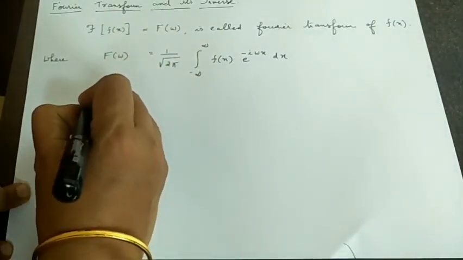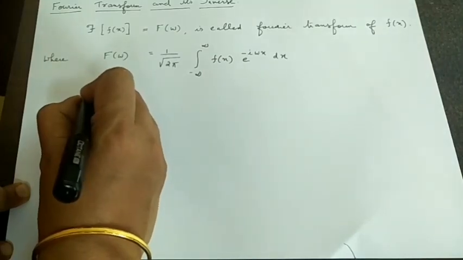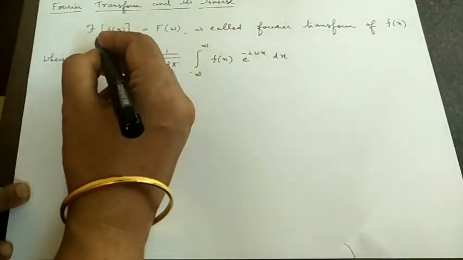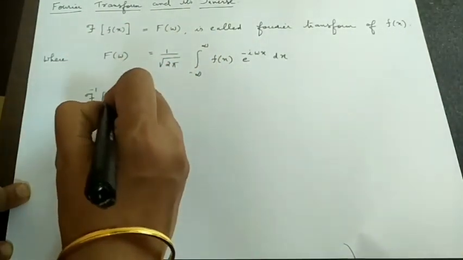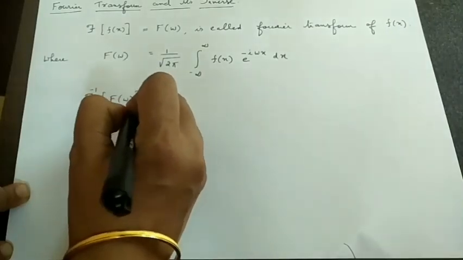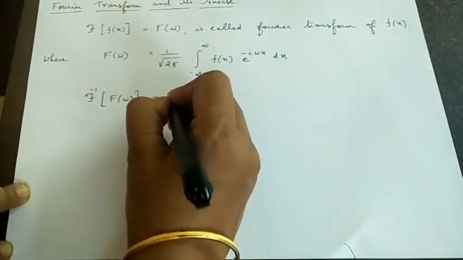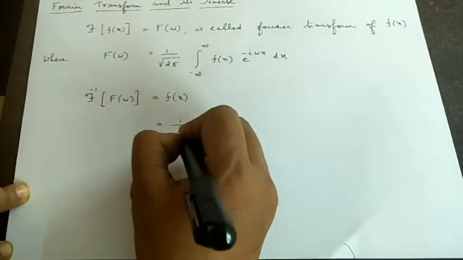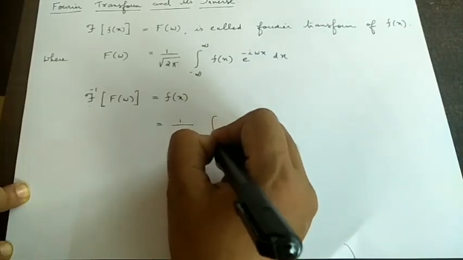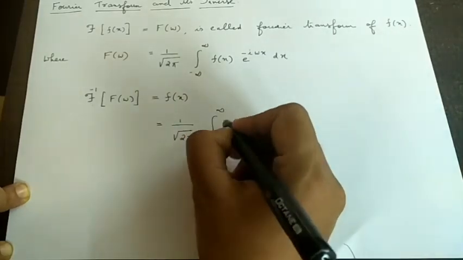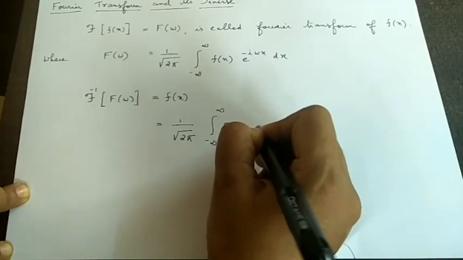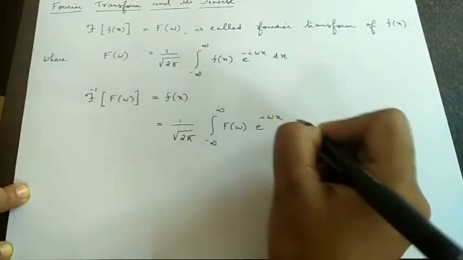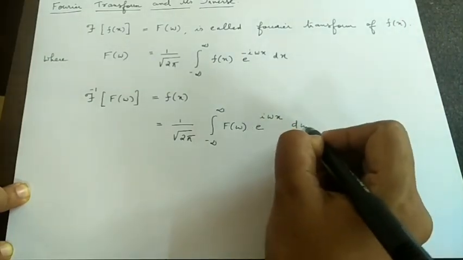Therefore the inverse Fourier transform can be denoted by using this notation, that is inverse Fourier transform of F omega is again equal to the function f of x, which is equal to 1 by root 2 pi integral from minus infinity to infinity F omega e raised to not minus i omega x, e raised to i omega x positive with respect to omega.